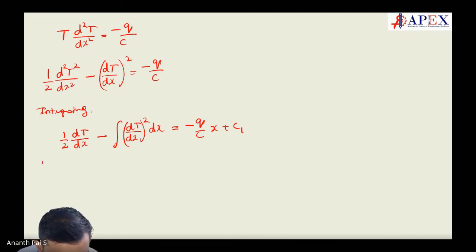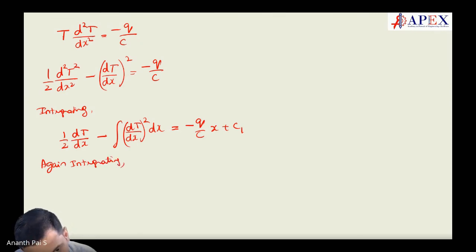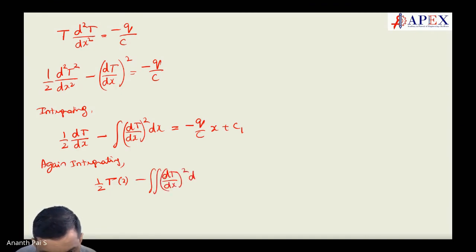Again integrating, we get half T of x minus double integration of dT by dx the whole square dx square, because two times you're doing dx, is equal to minus q by c x square by 2 plus c1x plus c2.